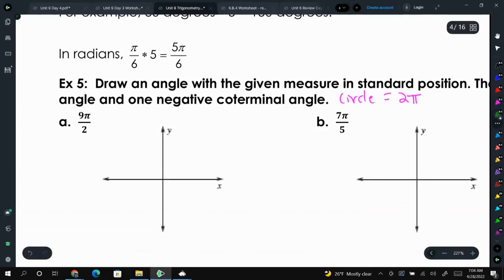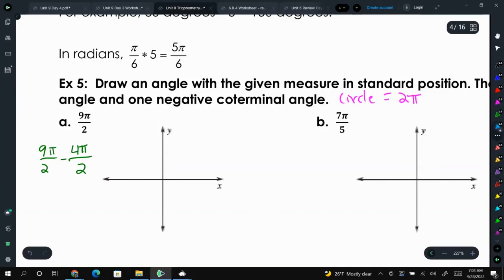When we are adding fractions, we have to have common denominators. So 9 pi over 2 minus, well, instead of writing 2 pi, I can write 4 pi over 2, because this part right here will reduce down to 2 pi.